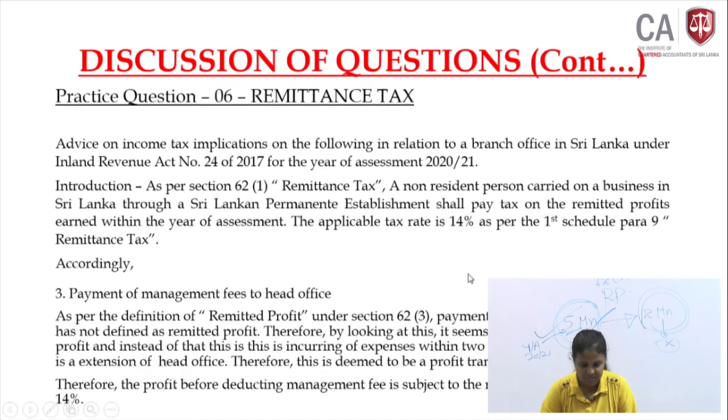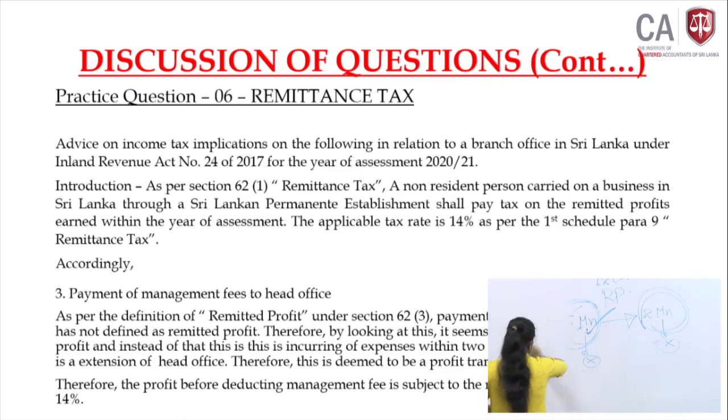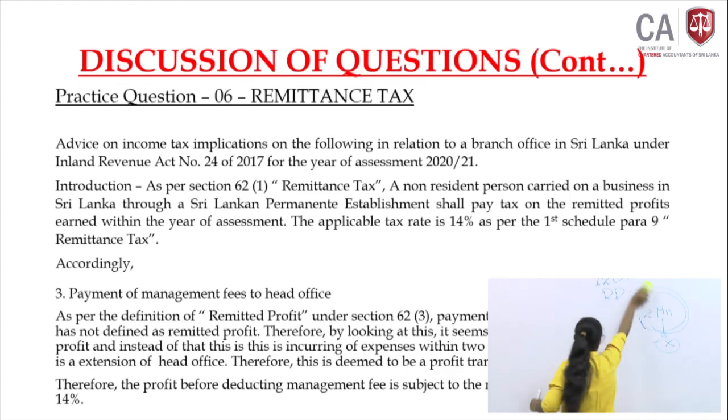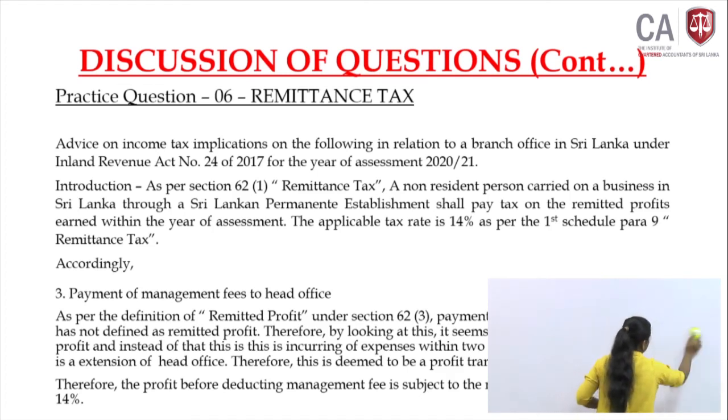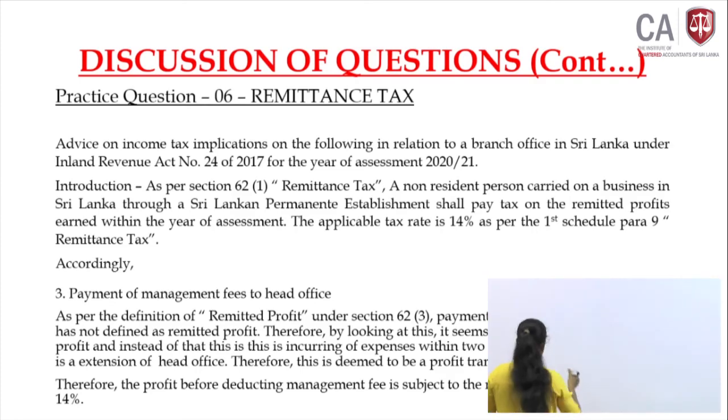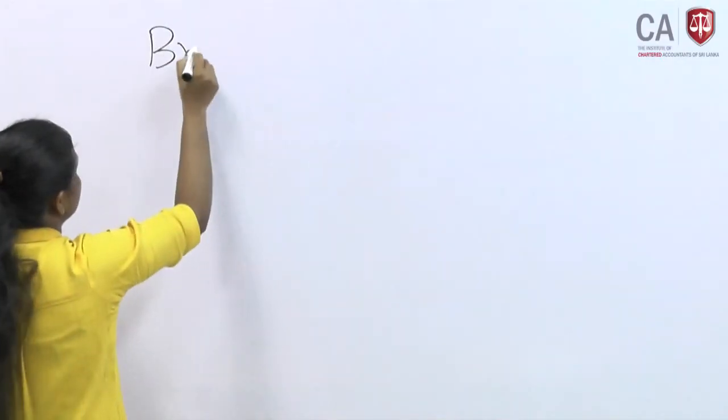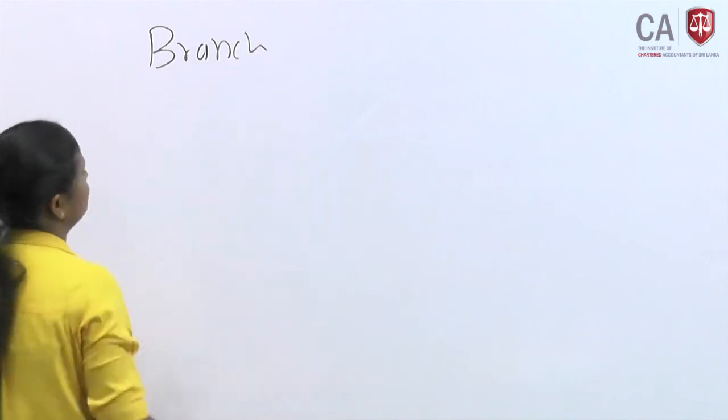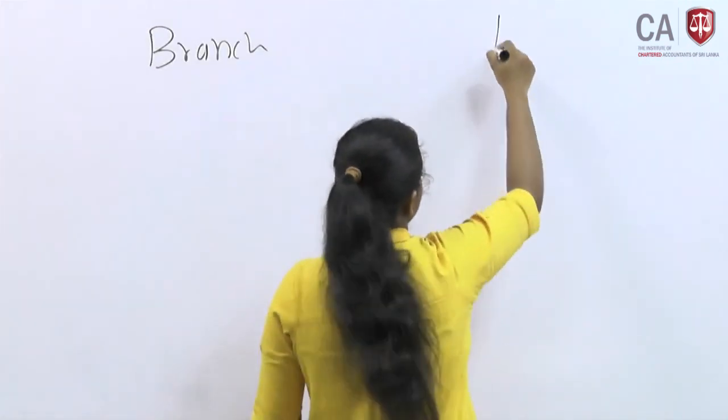Then the next question is talking about another different scenario: payment of management fees to the head office. Now there is a head office, there is a branch office. There are two concepts. There is a branch office which we are talking about, and there is a head office.